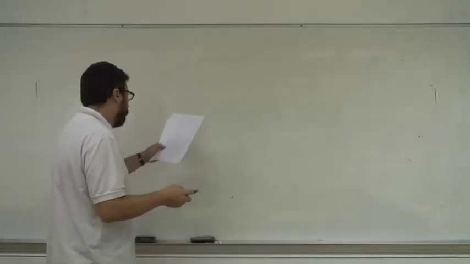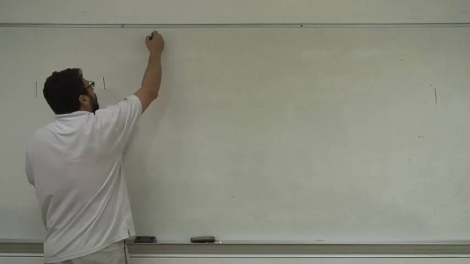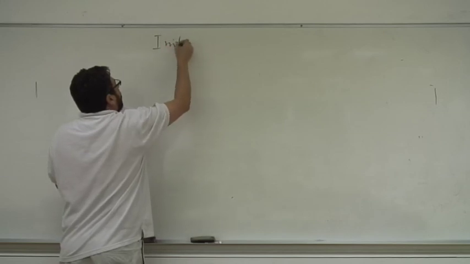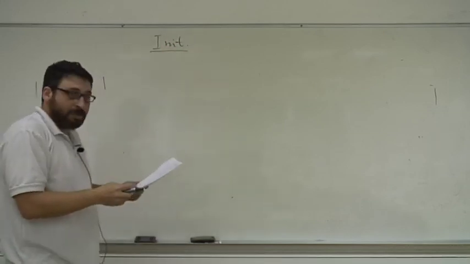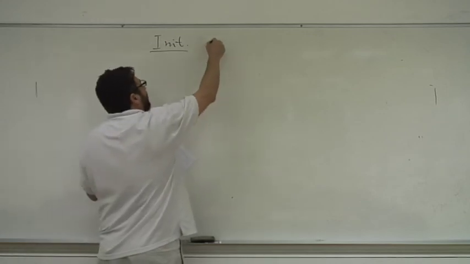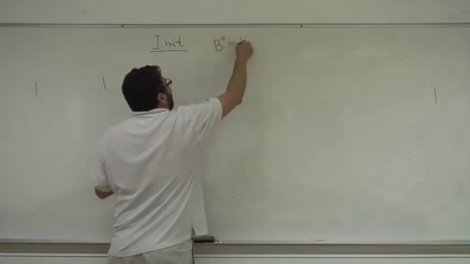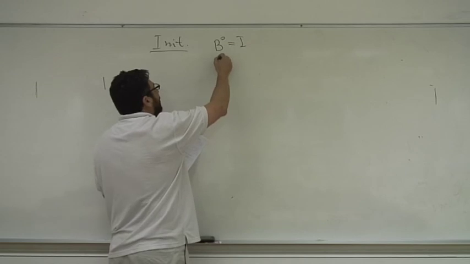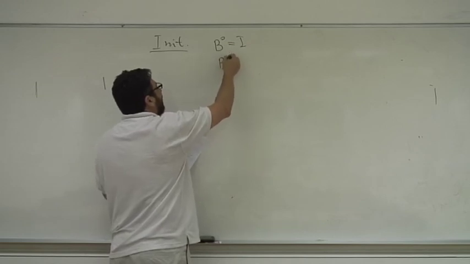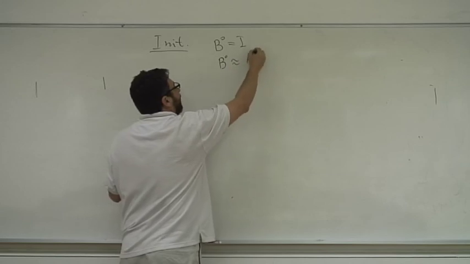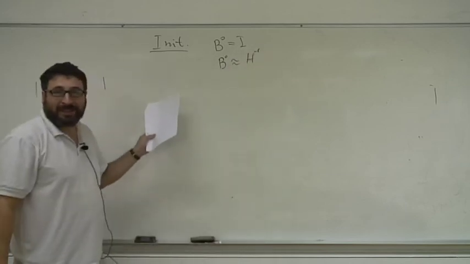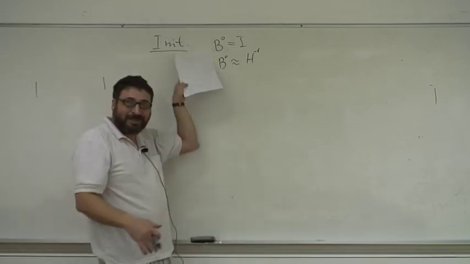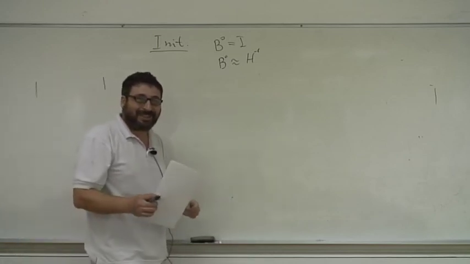And one more word about initialization of the method. If you don't know anything about Hessian, just start with identity. Or if you know much about Hessian, start with some approximation as much as you know, and in between, if you know the diagonal of the Hessian, start with a diagonal matrix of the inverse of the diagonal of Hessian.